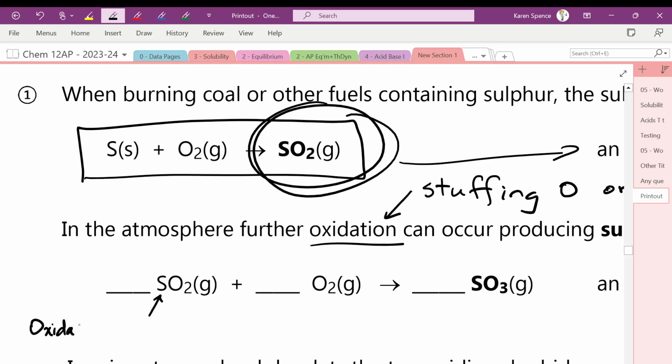So if you had to guess what the oxidation number of sulfur is here, without knowing anything about it, you're going to base it on the fact that you have two oxygens attached to it, and on the normal charge of an oxide ion.